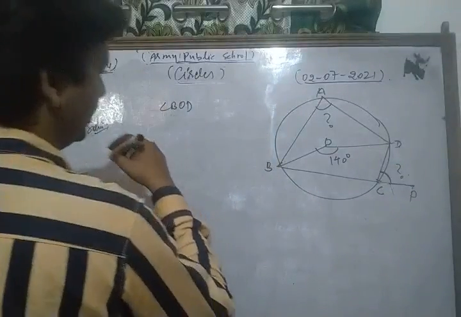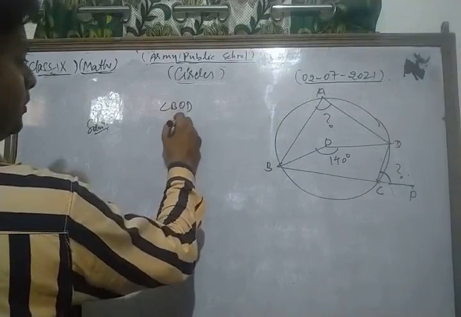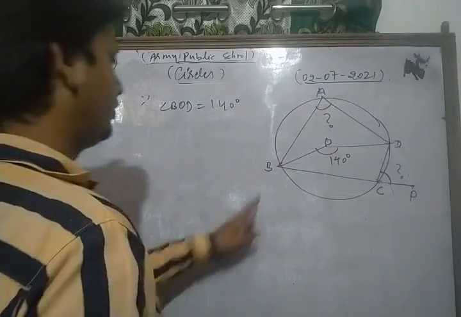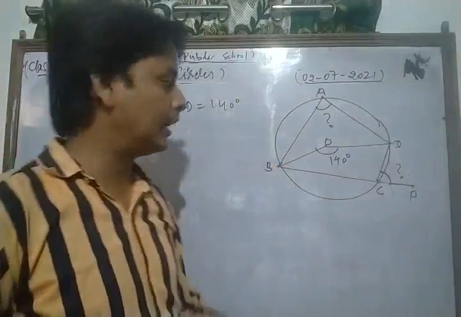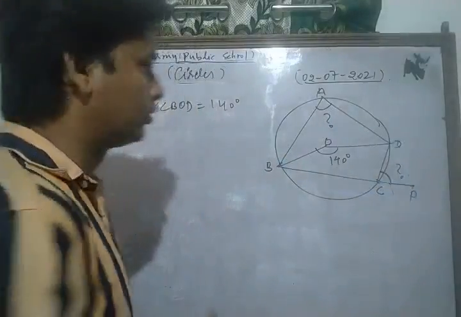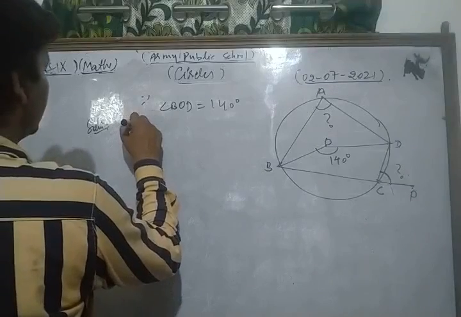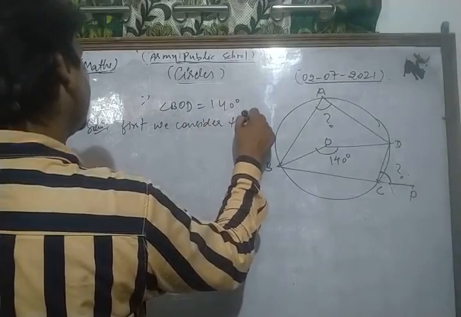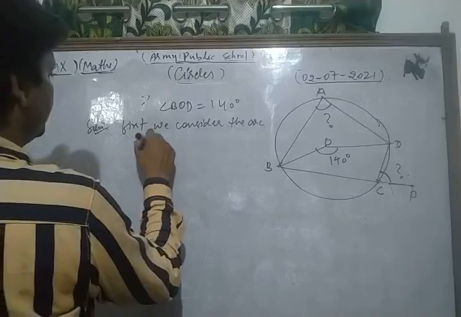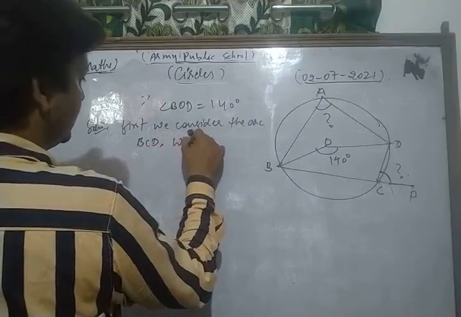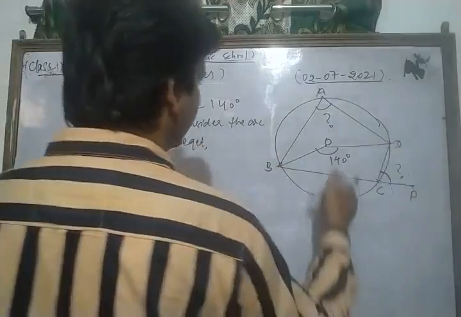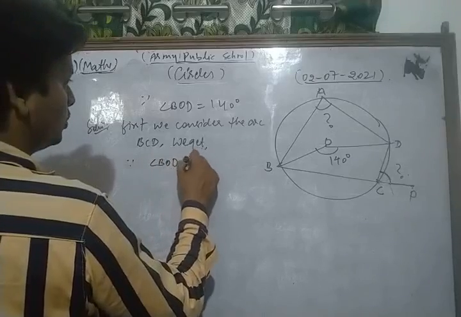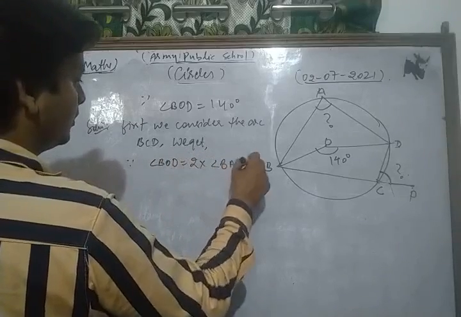Now let's see its solution. Since angle BOD is equal to 140 degrees, first of all we find angle BAD. For that we consider the arc BCD. The angle subtended by arc BCD at the center, angle BOD, is equal to 2 times angle BAD.